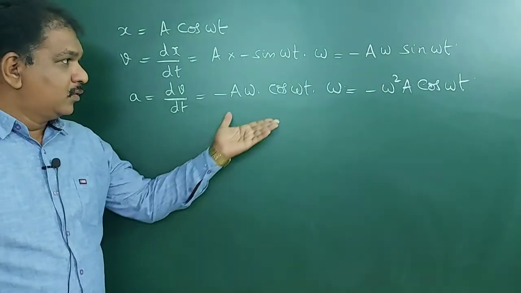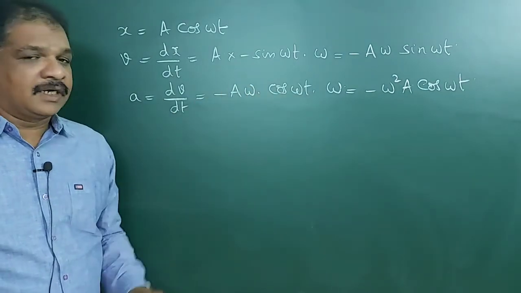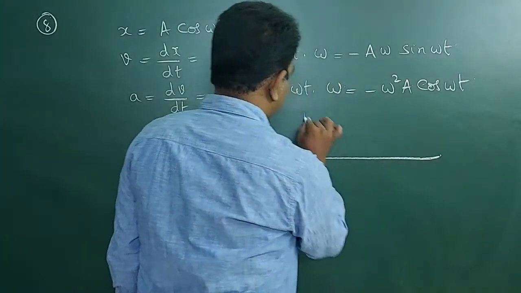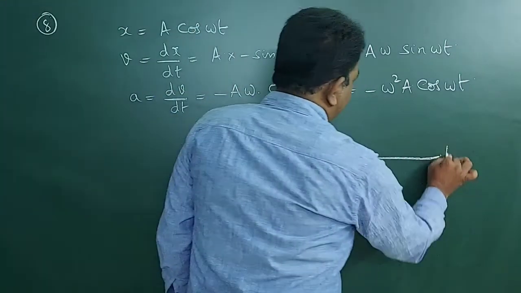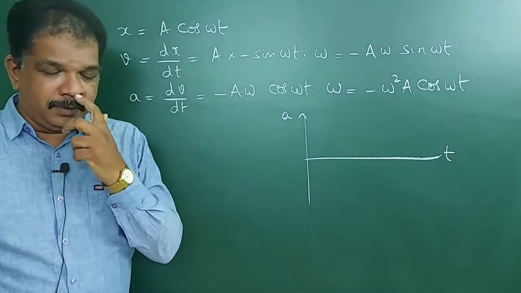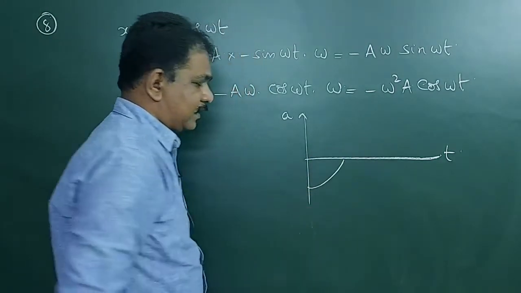Okay. So if you draw the graph between acceleration and time, this will be cos, which means it will not start from the mean position. Negative, it will be like this.